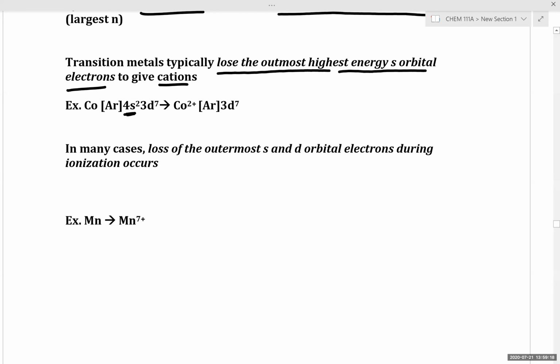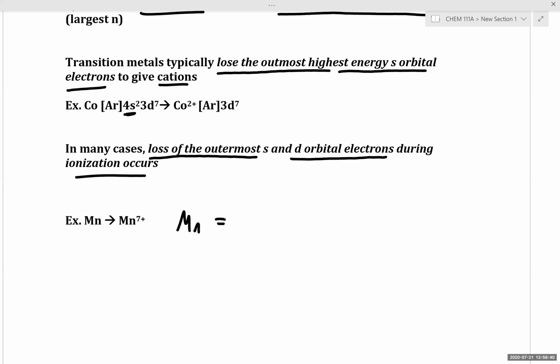This can occur when you're looking at something like manganese or other early transition metals, where we have the loss of the outermost s and d orbital electrons during ionization. So manganese, for example, has a large number of valence electrons.